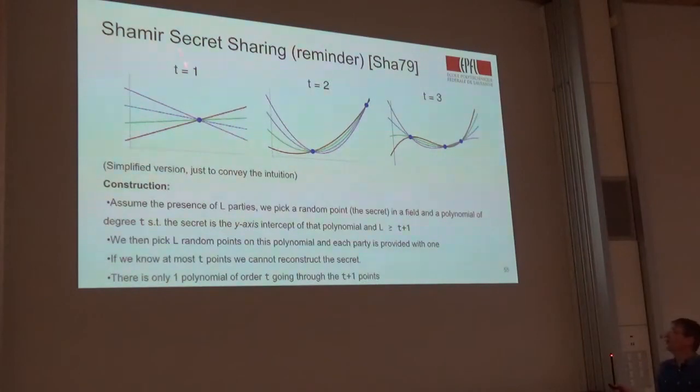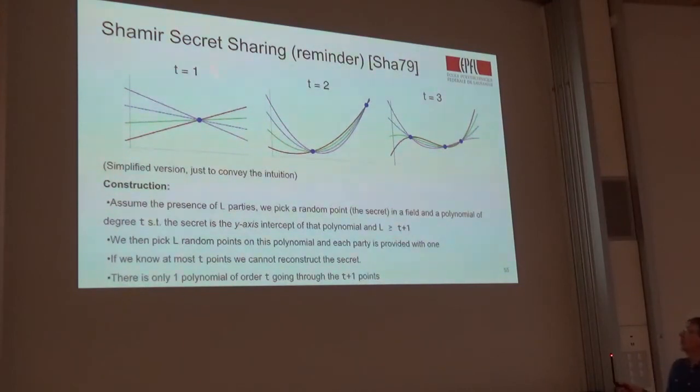So let's say we only have t points: one server has this point here, and a second server has this point over here, and then the secret is on the line that is drawn through these 2 points, and this here on the y-axis. So the secret is always at x equals 0.